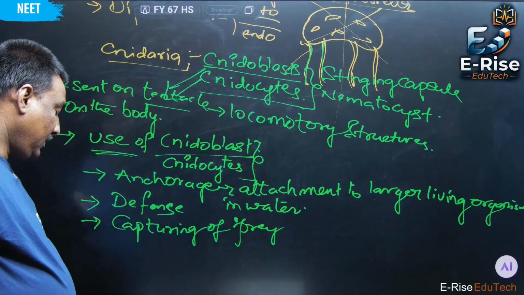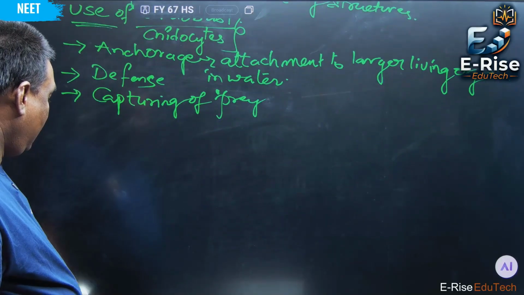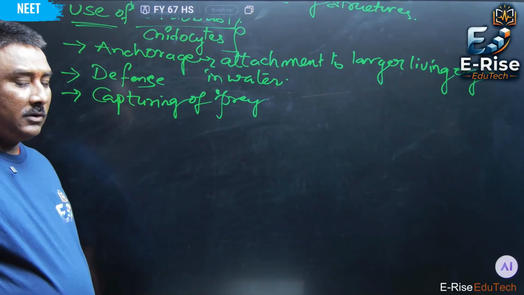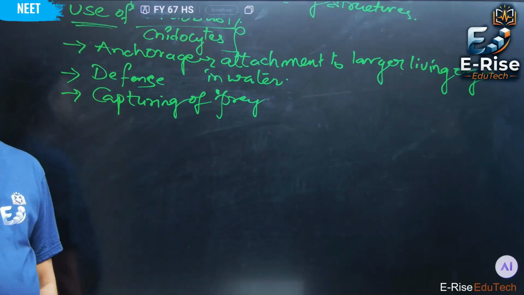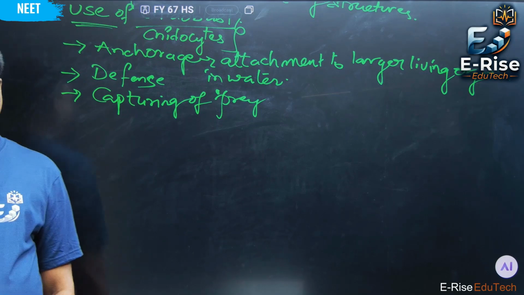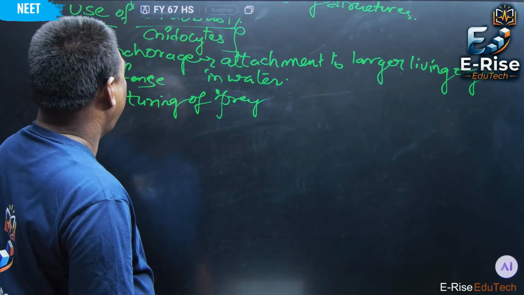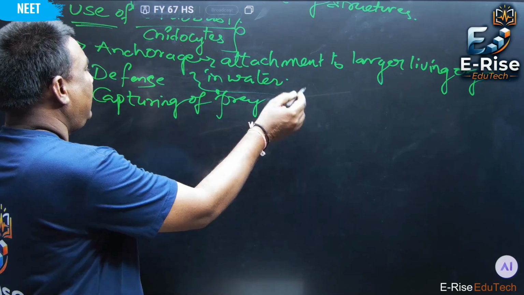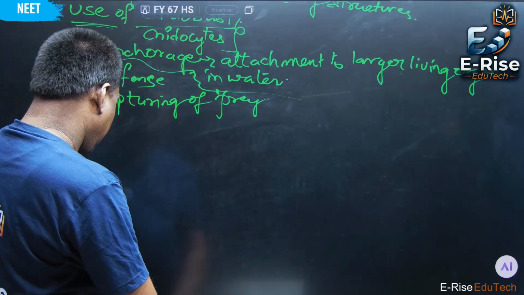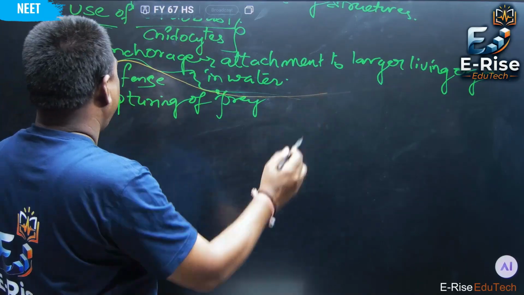These cnidocytes are helpful for capturing food. Cnidocytes are present in the tentacles and on the body. They are helpful for defense and capturing of food material, right? So this is one.